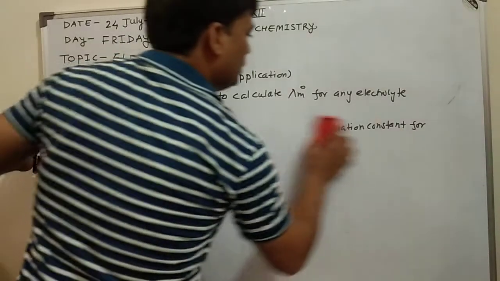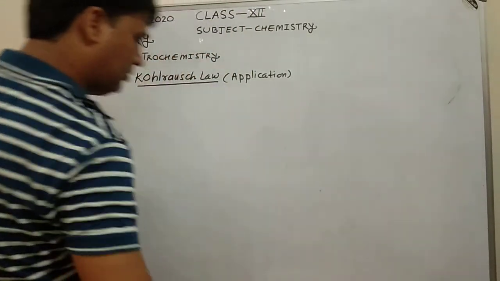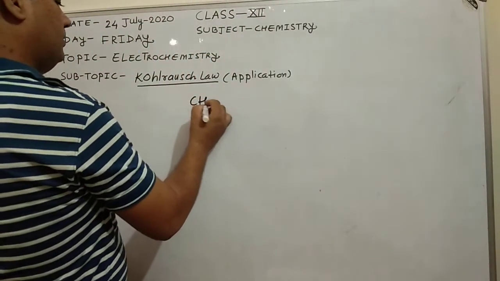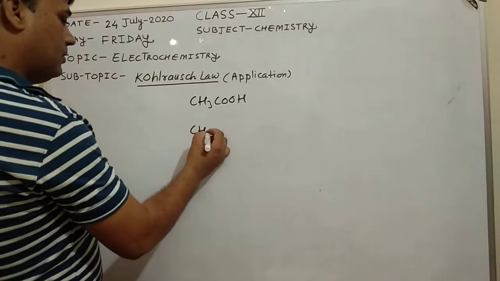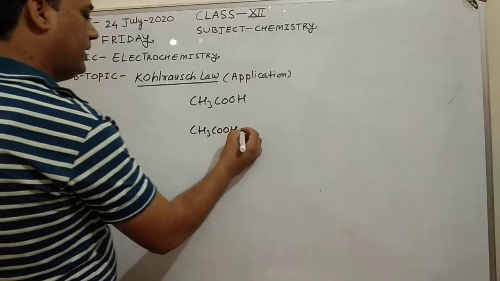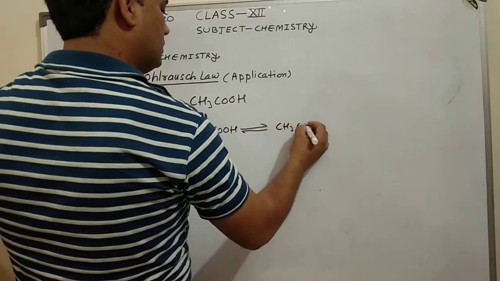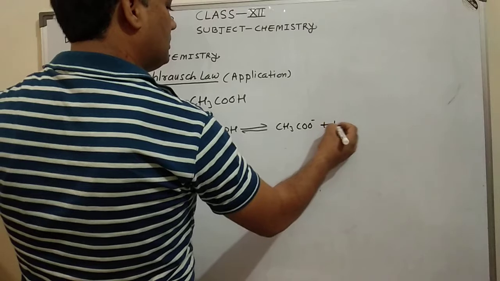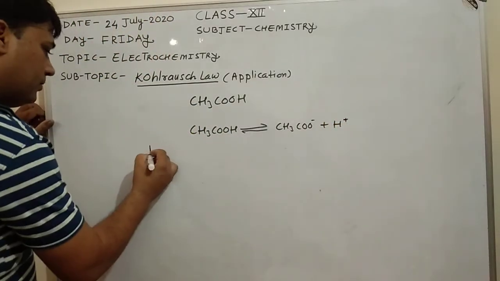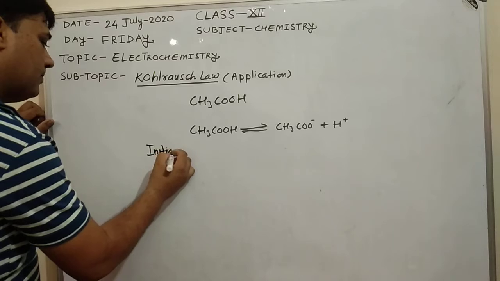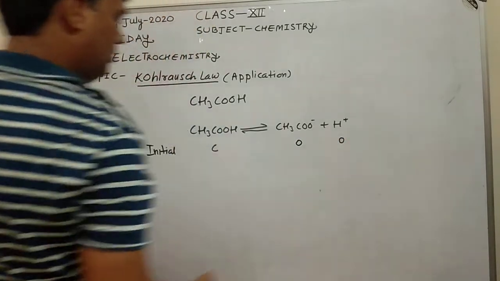What is dissociation constant? Take an example, acetic acid, which is a weak electrolyte. CH3COOH, that is acetic acid, in aqueous solution dissociates into CH3COO minus plus H plus. Initial concentration is C and 0, 0.